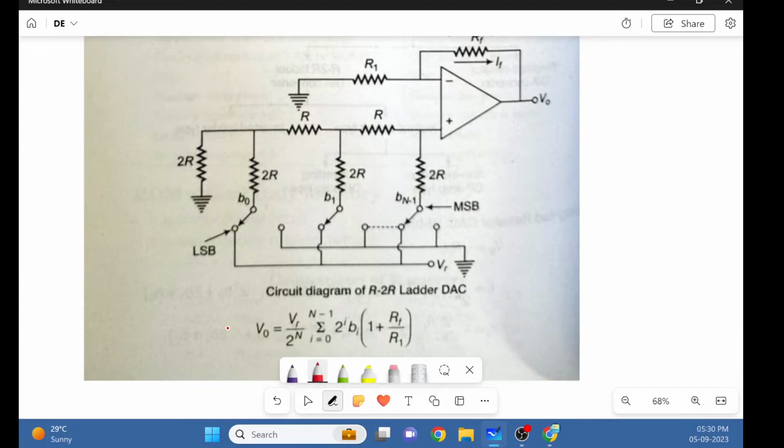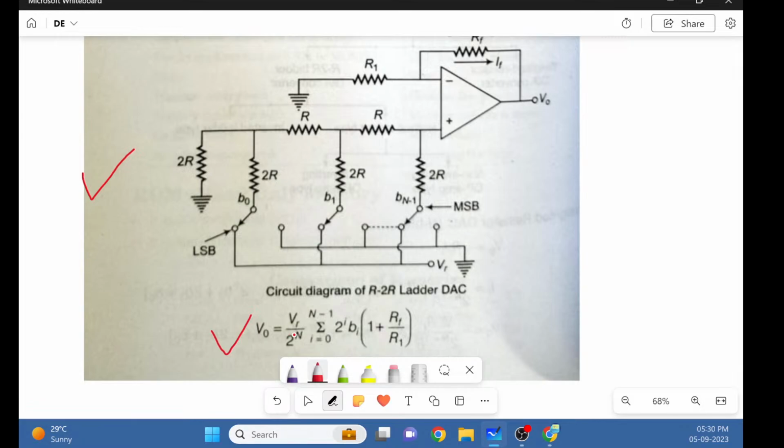You have to know this. This is the short notes that I am displaying over here. So I'm just telling you what are the different important points that you need to know for your quick revision, right? So you can take a screenshot and draw this diagram. Again, we are using the inverting op-amp over here, and this is the formula. What is the formula you can read over here?